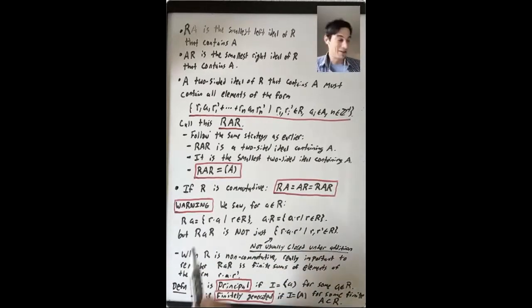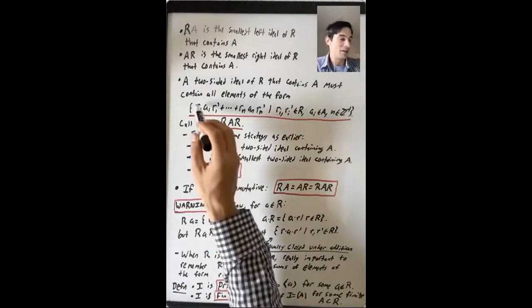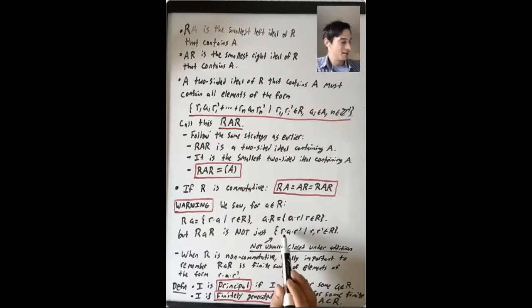You want to find an ideal in a commutative ring? Pick your favorite element a, and just take all the things of the form something in the ring times a. In a non-commutative ring, it's much more complicated to see what this set looks like: r1 a r1' plus r2 a r2' plus, and so on, up to rn a rn'. It's much harder to get a handle on what that object consists of.